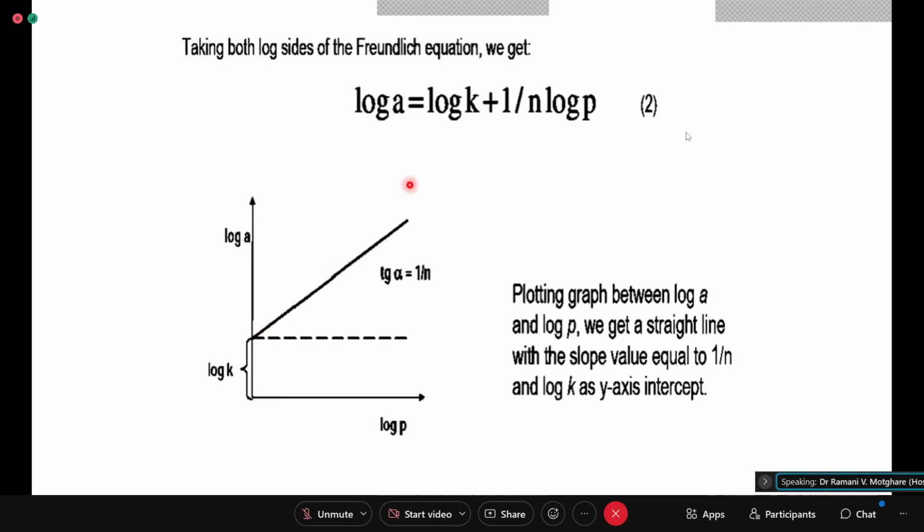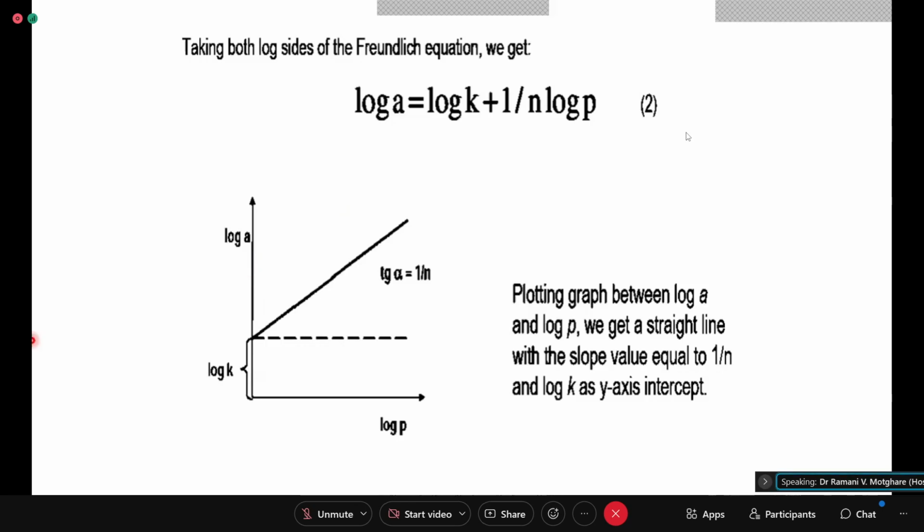If you have to rate the adsorbent, you will always see the maximum loading capacity of that adsorbent, but it doesn't mean that the log K value has no significance. Some applications will definitely need consideration of your log K value also. There are many such applications where you need a higher log K value.